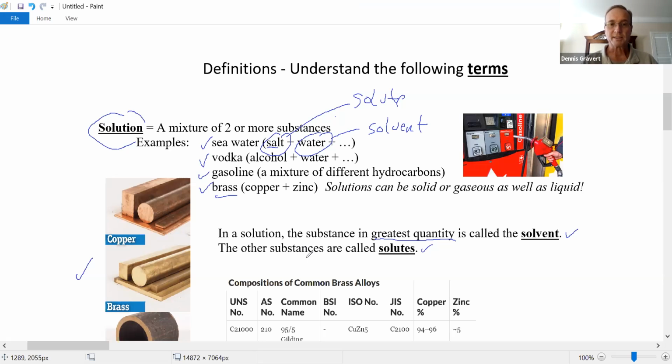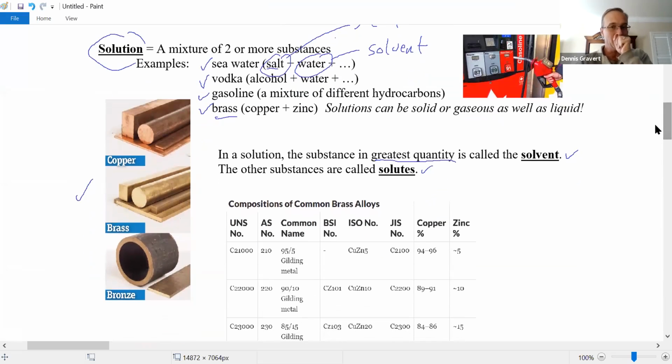What about brass? I know it's a solid. How is that a solution? Well, the broad definition of solution is a mixture of two or more things. So I had to go look up the composition. Brass is actually copper and zinc. I wonder if I said that correctly earlier in the video. Anyways, a mixture of two or more things makes brass a solution, which means we can label one a solvent, the other the solute.